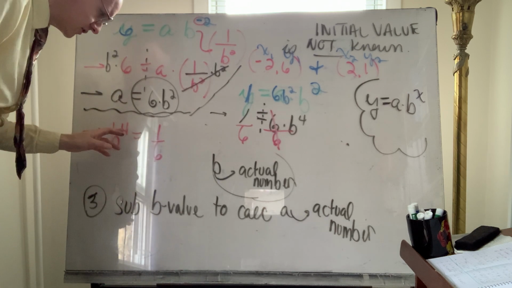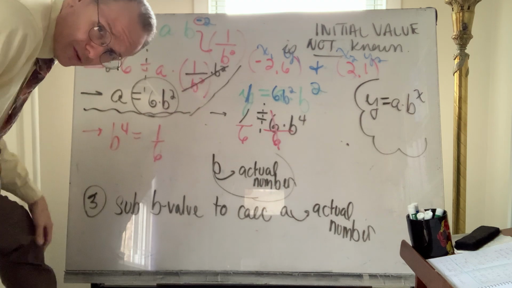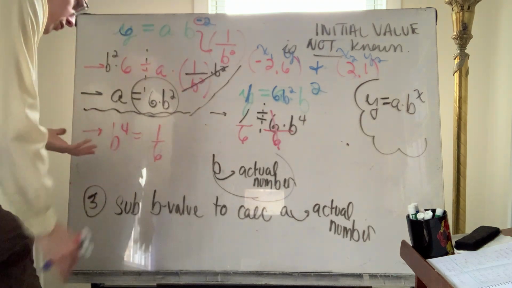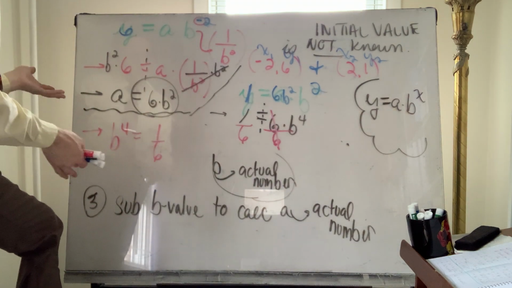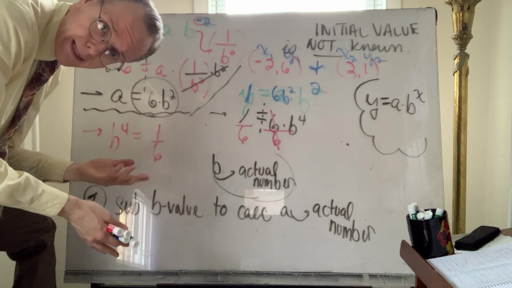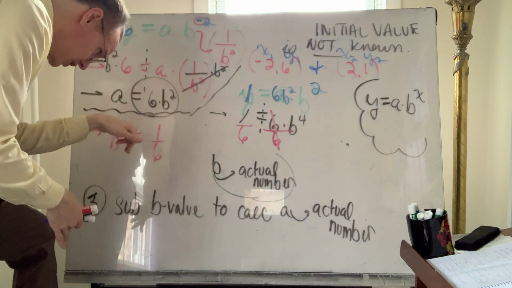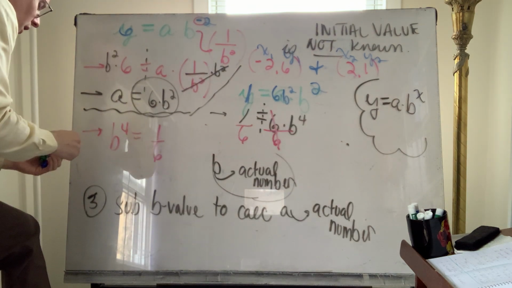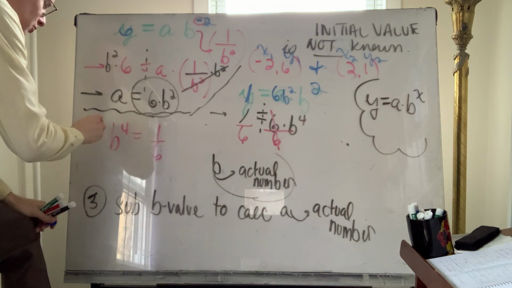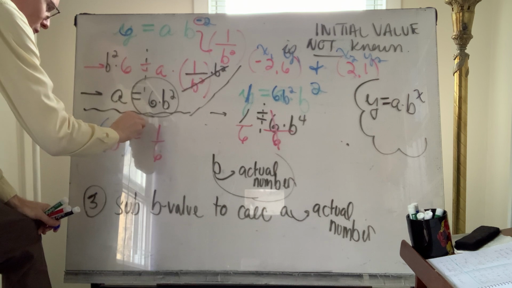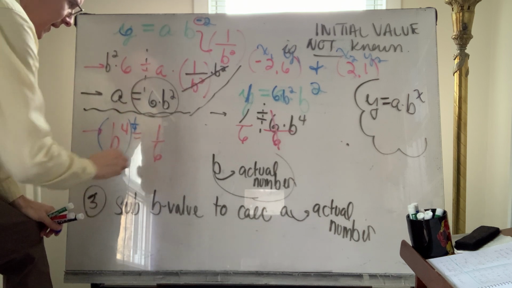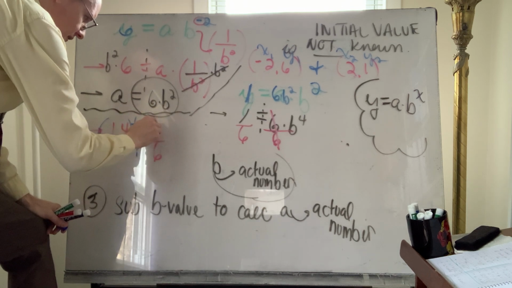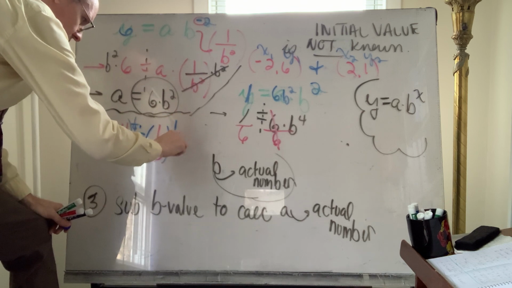But since it's an exponent of 4, it would be a 4th root as the opposite operation, but you could use the rational style of notation instead of the radical style. So perhaps just write this simply as 1/6 to the 1/4, and then the same thing over here, like so.